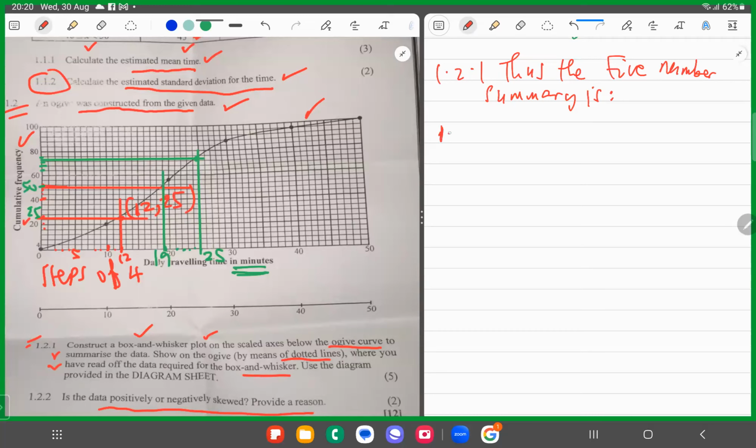You can include some numbering here so that you can see you're dealing with 5 numbers. 1, the minimum value. 2 is the first quartile. 3, the median, is also called Q2.